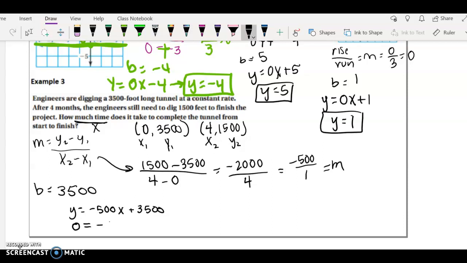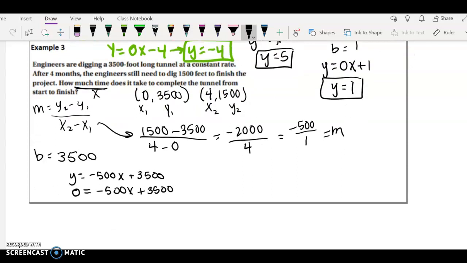So now I'm going to solve this equation just like we did in our previous units, and I'm going to solve for x. So I'm going to subtract 3,500 from both sides. These cancel, and I have negative 3,500 equals negative 500x.